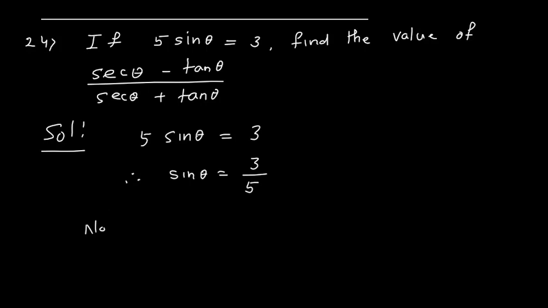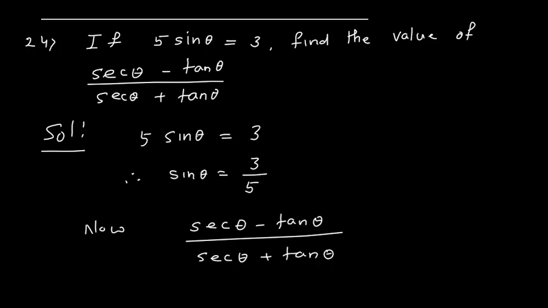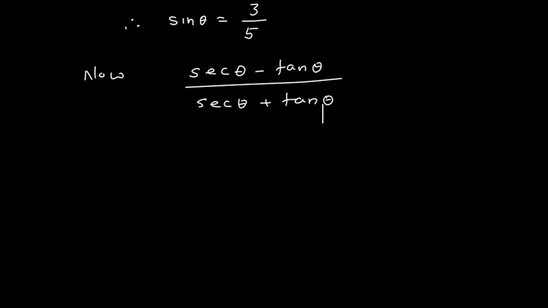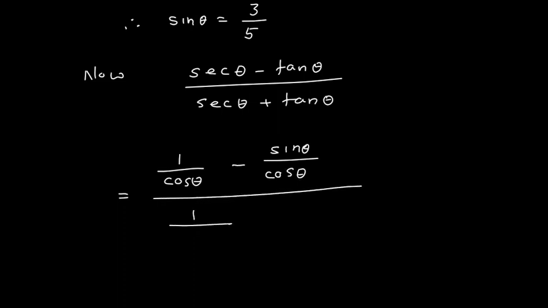So now, sec theta minus tan theta upon sec theta plus tan theta. Now what we do, this sec theta we can write as 1 upon cos theta. This is equal to 1 upon cos theta minus this tan theta we can write as sin theta upon cos theta, whole divided by this sec theta is 1 upon cos theta, plus sin theta upon cos theta.